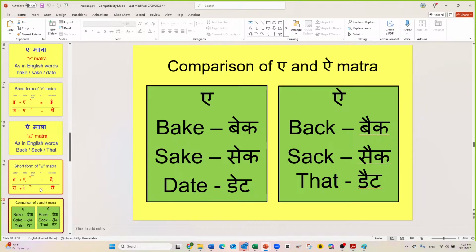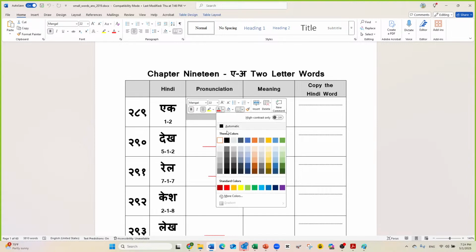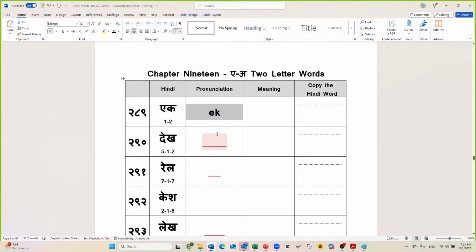Okay. So if you don't have questions, now we are going to go to the yellow book and then we are going to go to chapter 19. And I want Anisha to give me the first word. Ek. And Anisha, what does ek mean in Hindi? I think it means okay. No, it is ek, one. Ek means one.